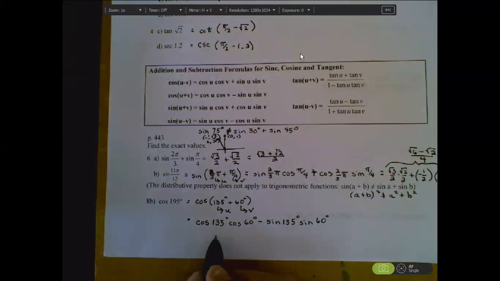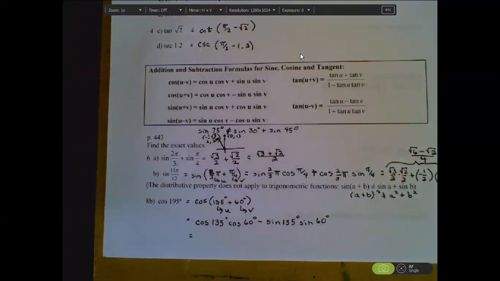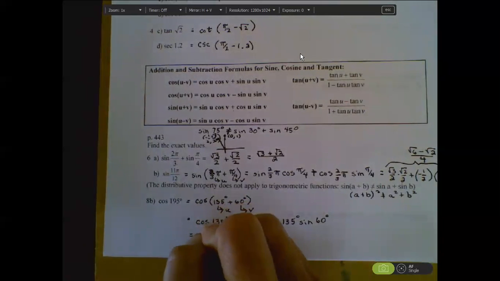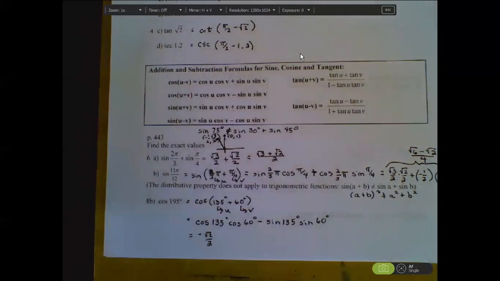Since 135 degrees is one of my quarter pis, specifically it's my quarter pi in the second quadrant, what is cosine of 135 degrees? Negative square root of 2 over 2. Square root of 2 over 2 because it's a quarter pi, and negative because it's the x value in the second quadrant. And then what is the cosine of 60 degrees?